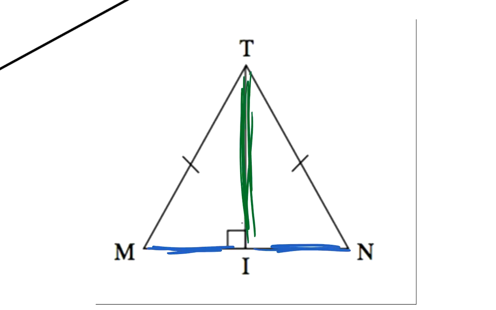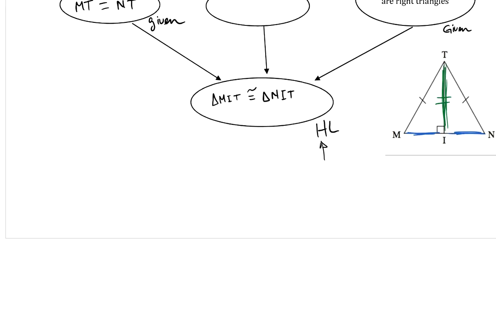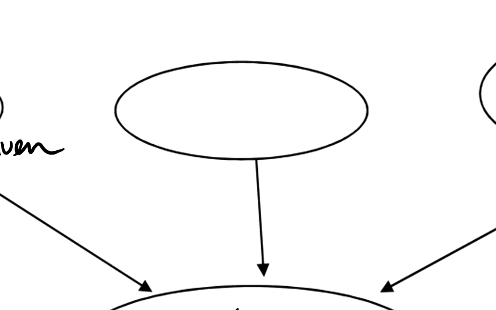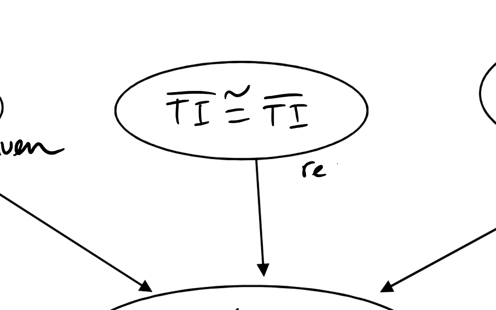Because they both contain segment TI, it's congruent to itself by the reflexive property. It's not given that they're congruent, because there's no line marking it as congruent to something else. But because of the reflexive property, we can say that segment TI is congruent to segment TI.